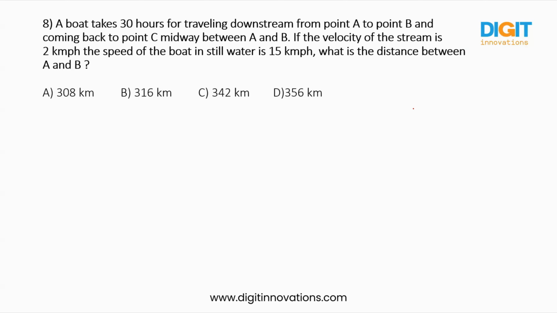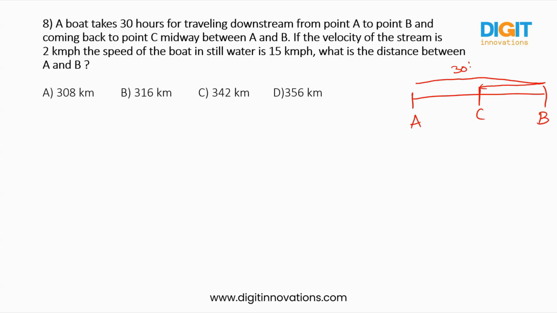So the meaning of the question is, there are 2 points, A and B. In between A and B, there is a midpoint which is called C. A boat traveled from here to here and came back again.